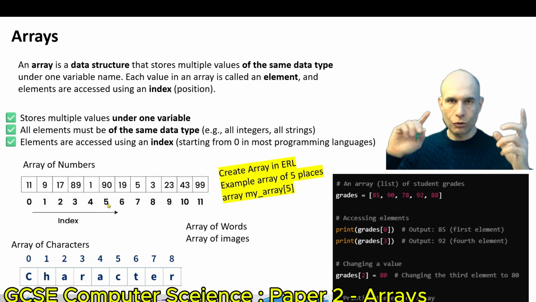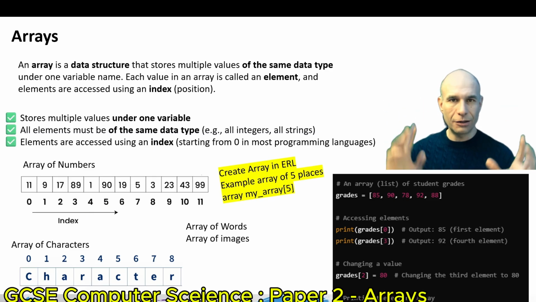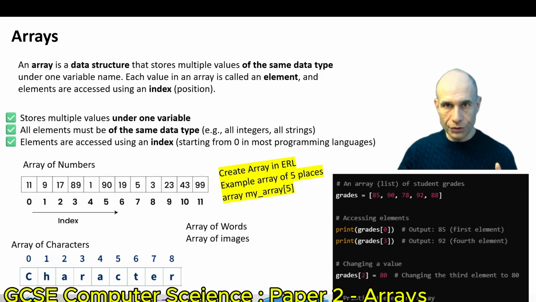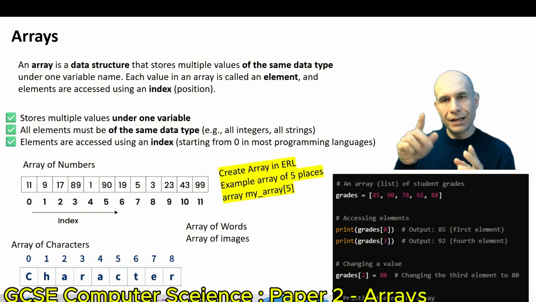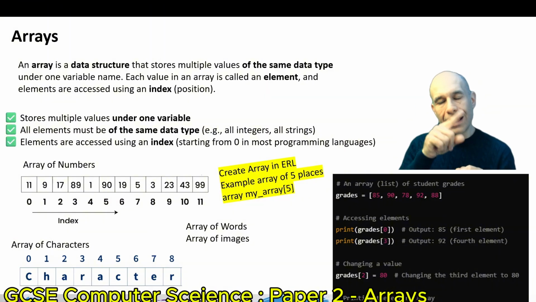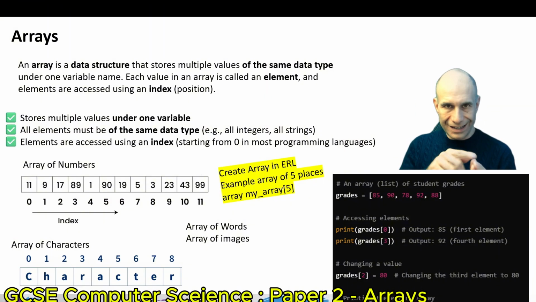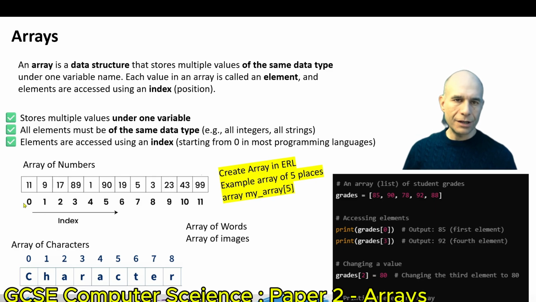So we need to make sure that we understand the difference between the position and the number, the first or second or third element of the array. The first, second or third element of the array is always the index number plus one. For example, the index number of the first item is 0, but it is the first item of the array.